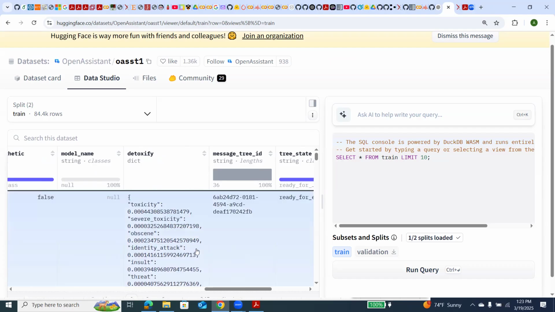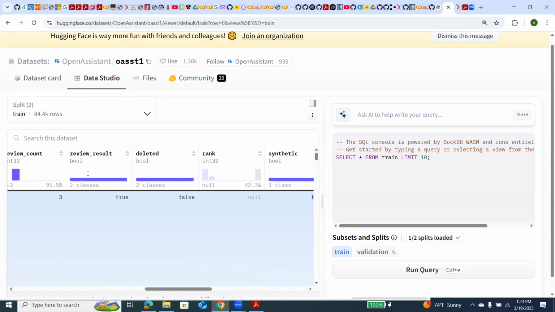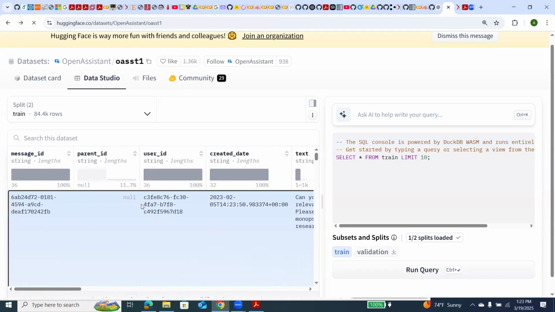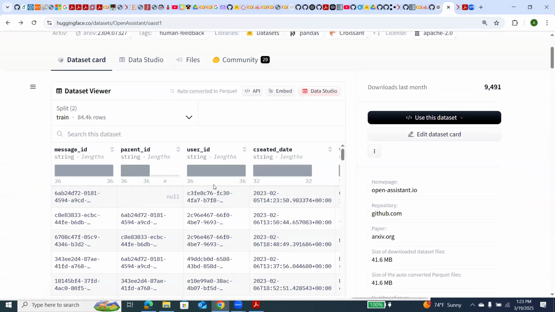So for example, you can use these numbers as rankings for two messages, sorry, message ID. I said user ID, for two message IDs with the same parent ID.